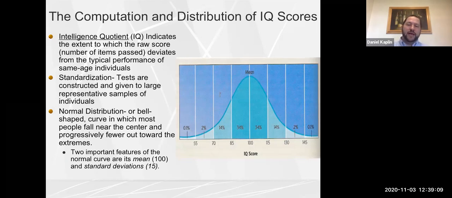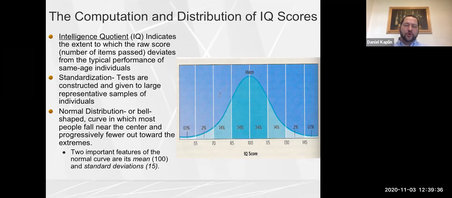If you do that, instead of just saying, oh, you're 7 years old, you perform at the 8-year-old level, you could have a whole number to reflect intelligence. And if you were equal to your age group, then the average intelligence would be 100, and a standard deviation would be 15. So we talk about a normal distribution or a bell curve.